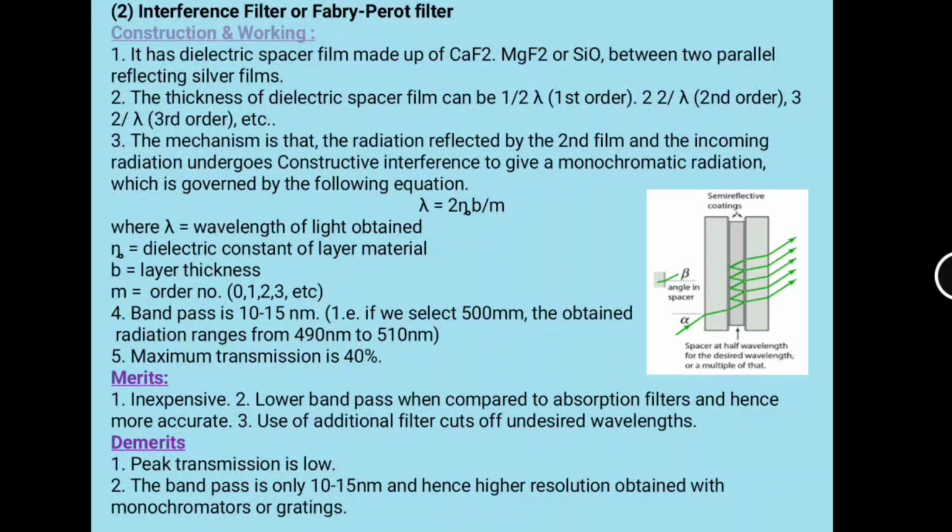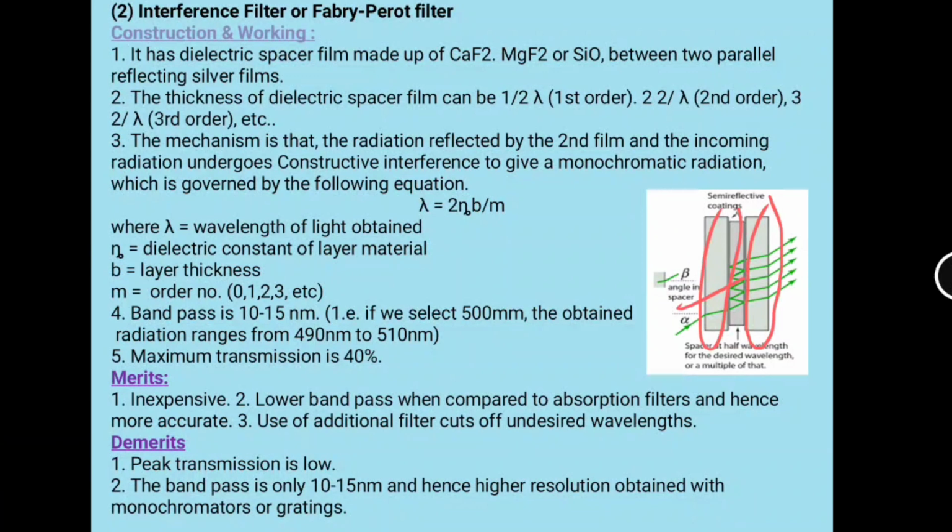You can see in the diagram how the polychromatic radiation is changing to monochromatic radiation. So here the polychromatic radiation can be converted into monochromatic when the radiation reflected by the second film and the incoming radiation, this is the first film, from which the radiation enters, undergo constructive interference to give a monochromatic radiation.